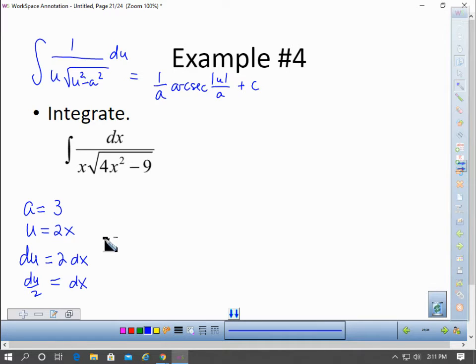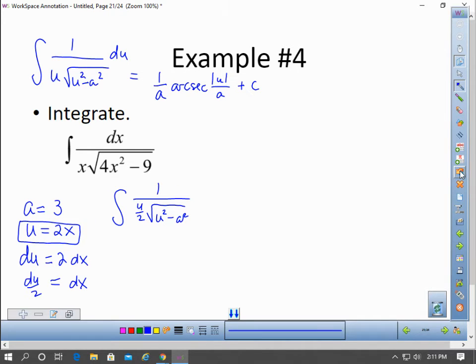All right, so when I trade this out, I'm going to have 1 over, right here, this x needs to be replaced with a u. So you will notice here, 2x equals u. So I need to replace this x with u divided by 2. So this is going to be u divided by 2, square root. This is going to be my u squared. So this would be u squared minus, and then the 3 squared will be minus my a squared.